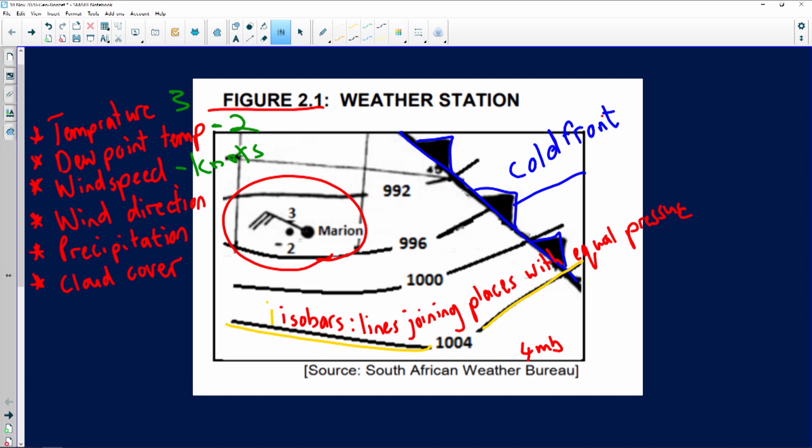Okay. Now, first of all, to interpret knots, this is known as 5 knots. This is known as 10 knots. This is known as 15 knots. The interval is 5. Okay. This is 20 knots.